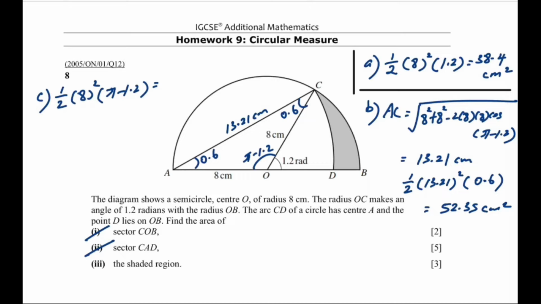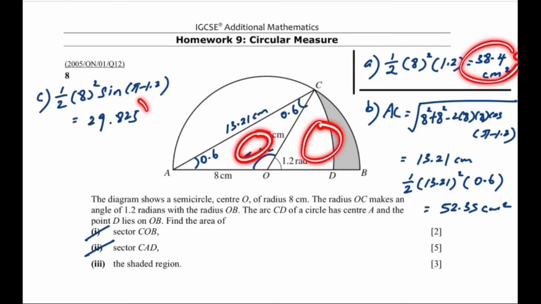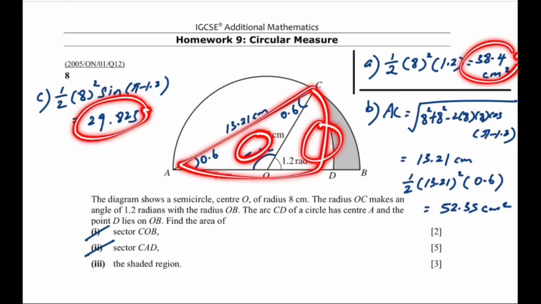Okay, let's see, sine C. So make sure your angle input is in radian as well. 1 over 2 AB sine C gives 29.825. Okay, the area here 38.4 plus the area here 29.825 minus the area of the sector. That is the shaded region.